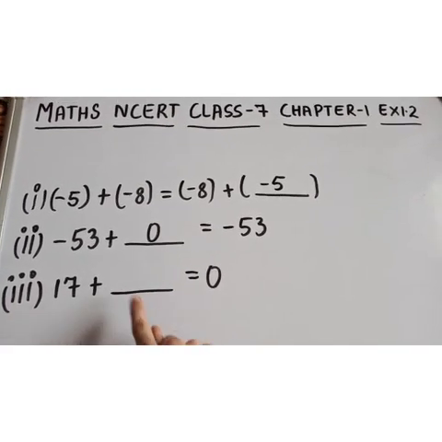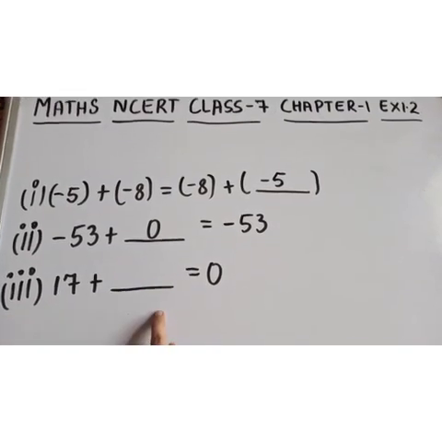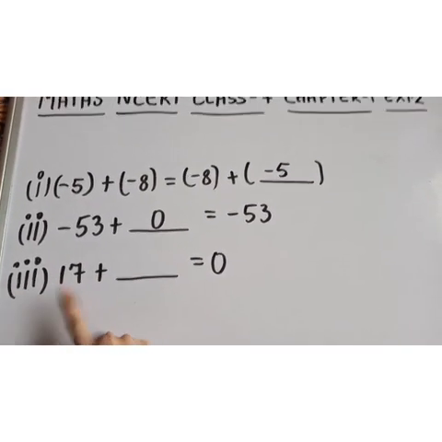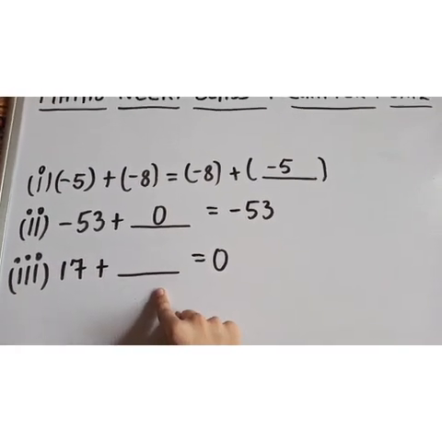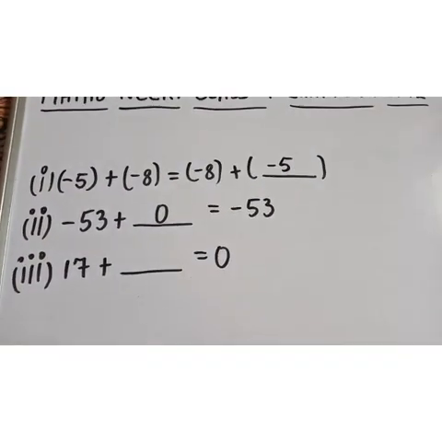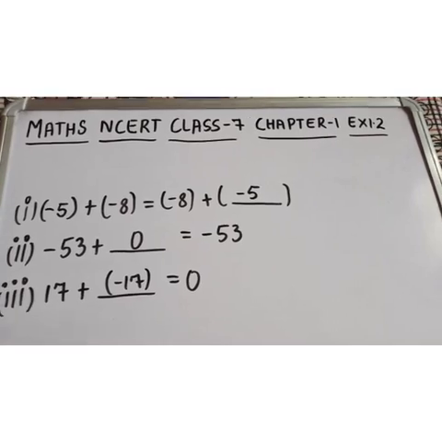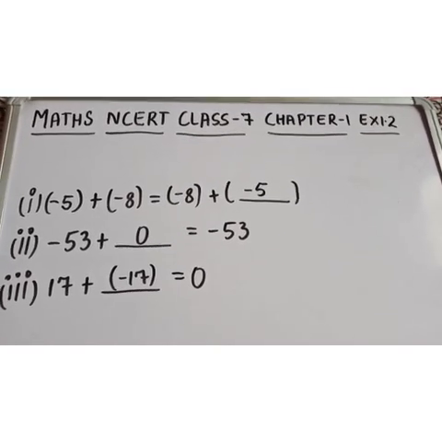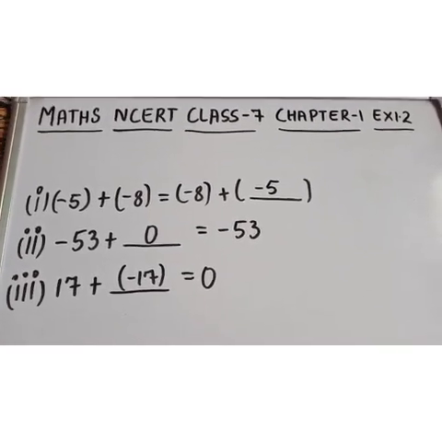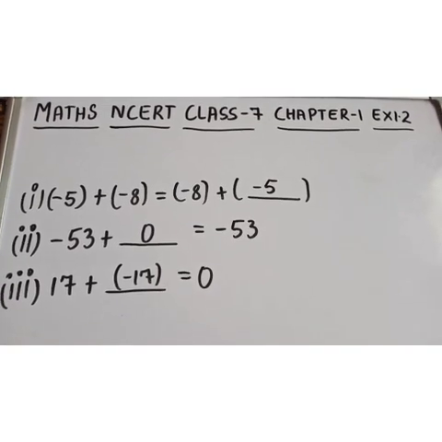The answer will be minus 17, because when we add 17 and minus 17, they both cancel each other and the answer is 0. So the answer is minus 17. Now let's come on to the fourth part.